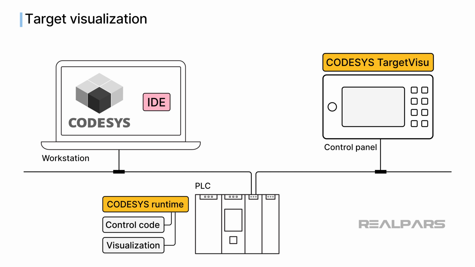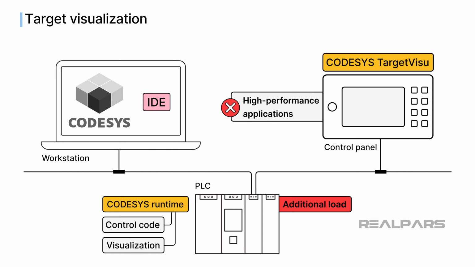The main advantage of a target visualization deployment is that you only need one instance of the CODESYS runtime to run the control code and the visualization, which can help to lower project costs. It should be noted that running both the control code and visualization on a single device puts additional load on the device running the CODESYS runtime. This means that a target visualization deployment may not be the best option for high-performance applications.